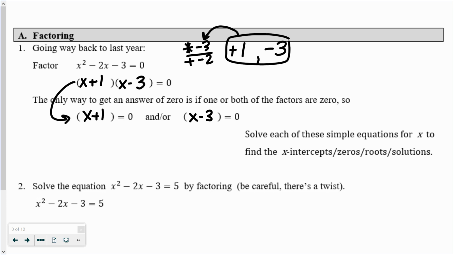To solve for what values of x would make this true, we just need to isolate x. For x plus 1 equal to 0, I subtract 1 from both sides, so x is equal to -1. For x minus 3, I add 3 to both sides, so x is equal to positive 3.